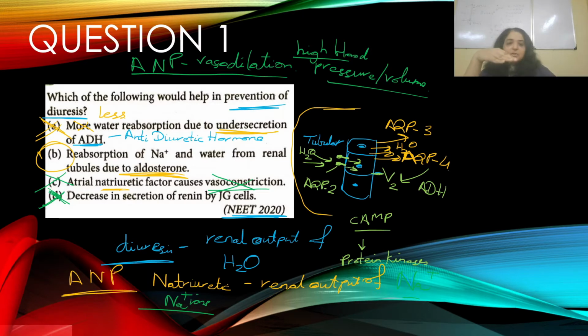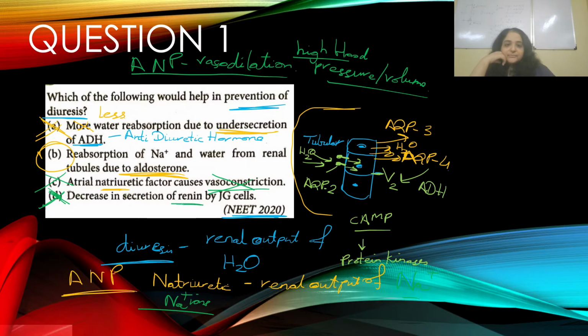ANF causes vasodilation, which is the opposite effect. When ANF is secreted, it will allow diuresis to happen, and water will be excreted out. But here the statement says decrease in secretion of renin by JG cells.